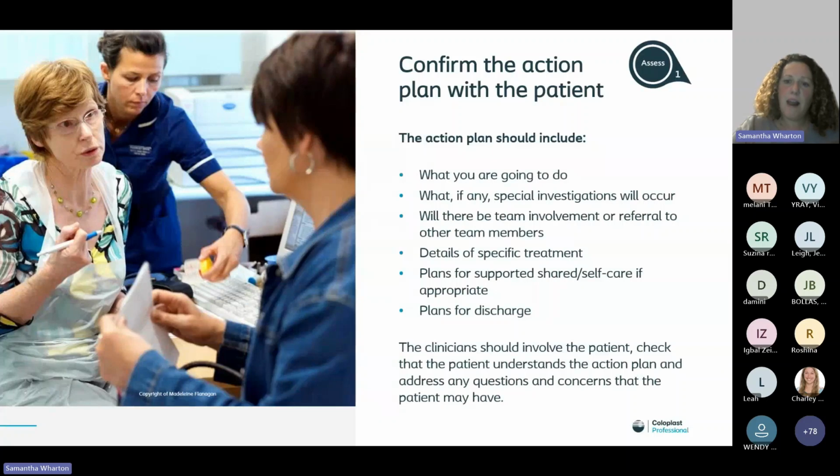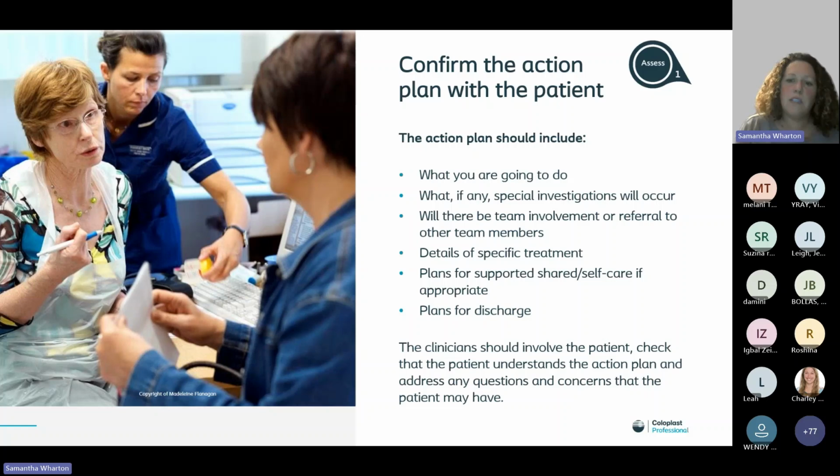Like I said earlier, plans for that supported shared care if it's appropriate, and having those conversations right from the beginning, and giving some ownership and empowering the patient to have some element of care of their ulcers is really important. Then also discussing our plans for discharge.